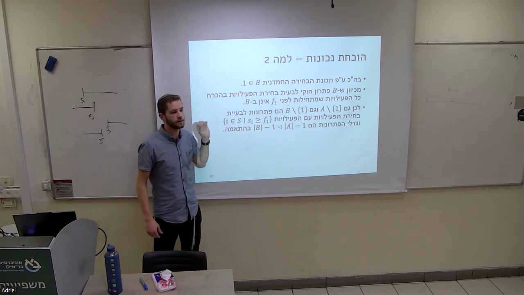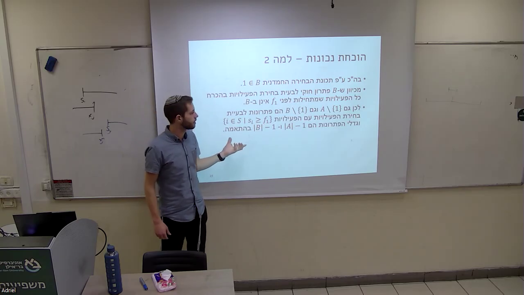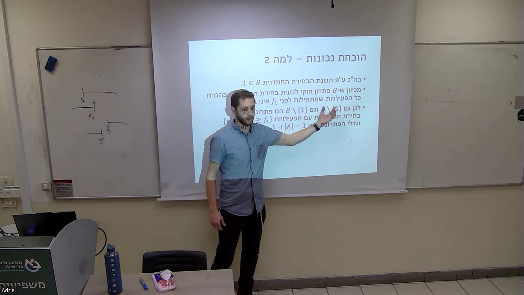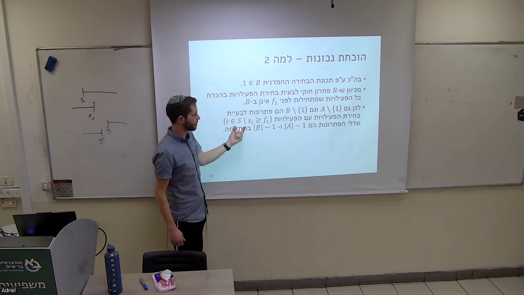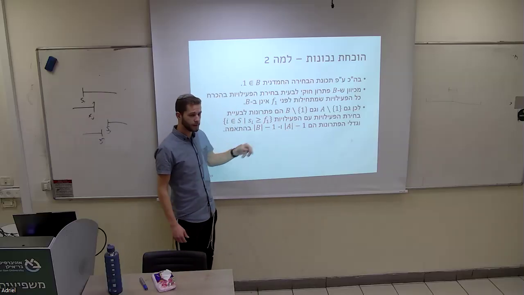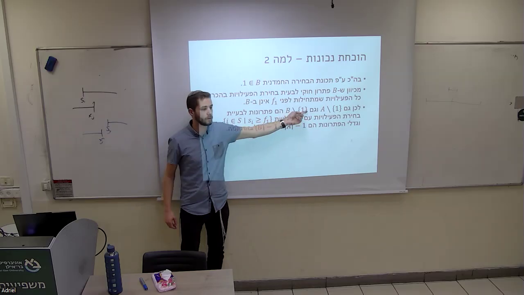So this is all activities that don't overlap with the first activity. These two are solutions for this subproblem, and the sizes of the solutions are A minus 1 and B minus 1 because we took away one of the activities.